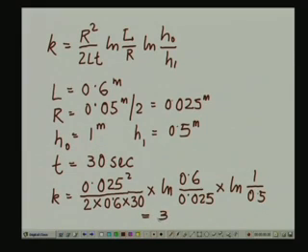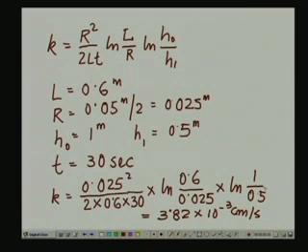is permeability of 3.82 multiplied by 10 to the power minus 5 meter per second, or this is equal to 3.82 multiplied by 10 to the power minus 3 centimeter per second.